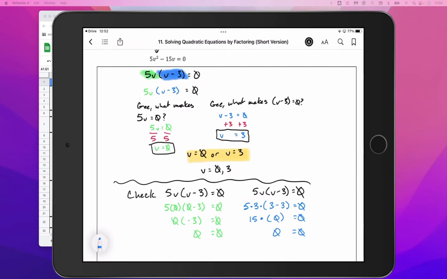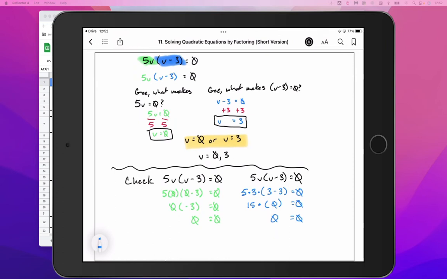And if we can turn the blue part, the v minus 3, into 0, that whole left side will end up being 0. And that's demonstrated down there in the check, where we can see again that if I put 0 in for v, I end up with something that's going to make 0. And if we put 3 in for v, we're going to end up with something that makes 0.